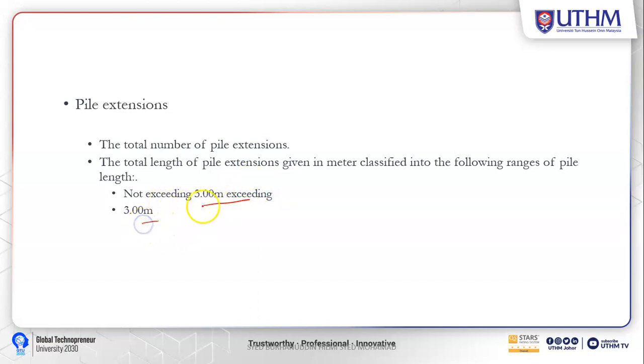It can sometimes be the same length as the initial pile, 6 meter. The extension pile can also be 6 meter. It depends on the driving length that was given in the construction drawing.